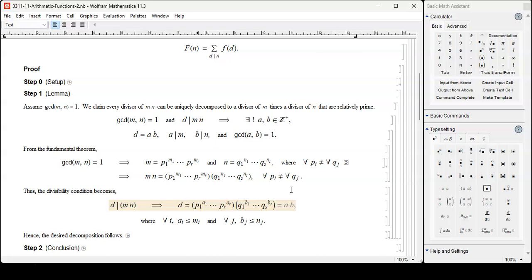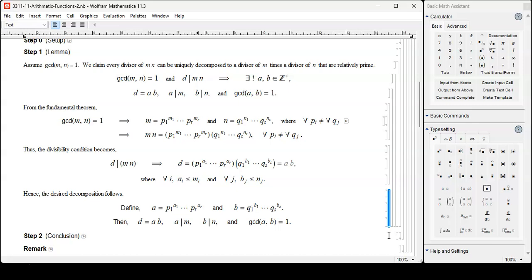Some of them may hit 0, but no negative power, of course, and they do not exceed any of those powers in m and n. Define this as A and that as B, then A and B do not share any prime factors, so they are relatively prime. And the powers are all less than those of m, and powers are all less than those of n. So A divides m and B divides n, we get everything.